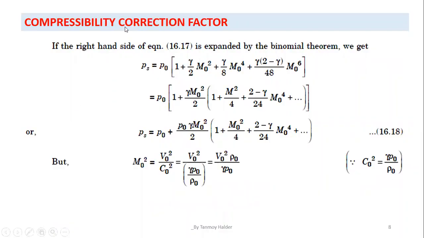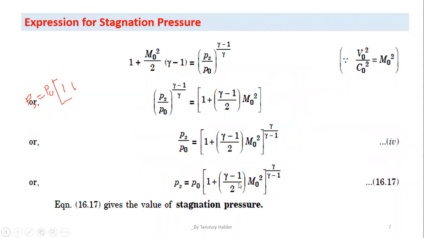So the compressibility factor. What is the compressibility correction factor? First of all, that was an equation. Our equation was what? Ps is equal to Po into 1 plus gamma minus 1 divided by 2 Mo square, whole to the power gamma by gamma minus 1.